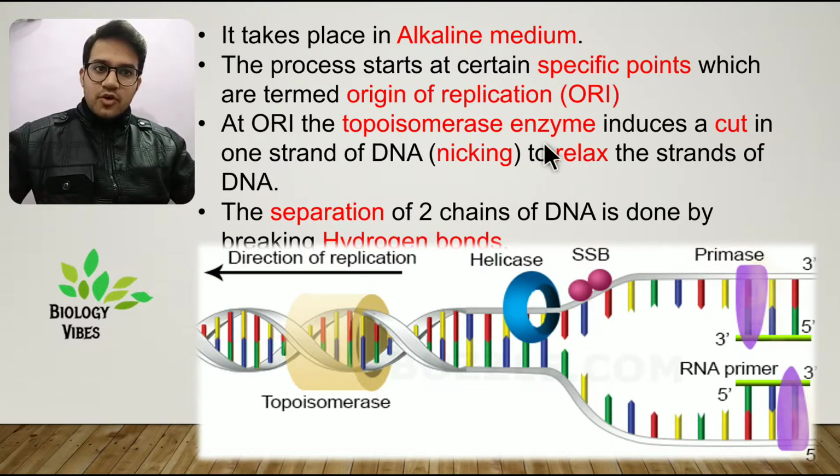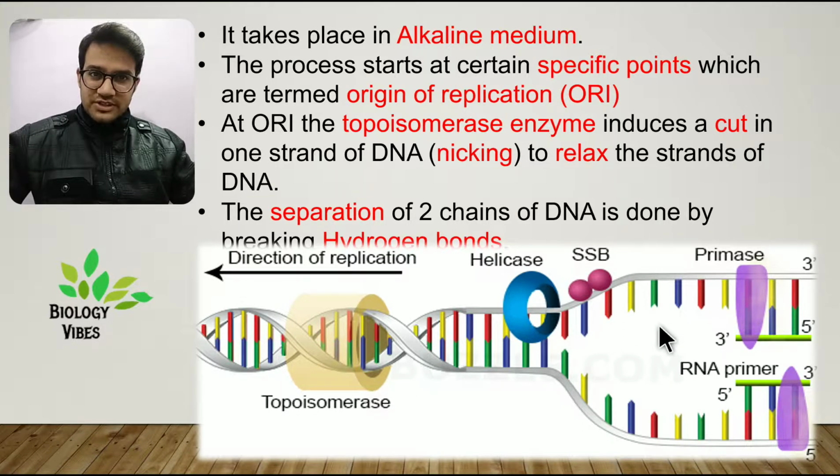What happens is, topoisomerase enzyme induces a cut in one strand of DNA, that is called nicking, to relax the strands of DNA. This is a double stranded DNA. Hydrogen bonds are being broken from here. That means it's opening, and when a supercoiled structure is opening, definitely it will cause strain at the back regions.